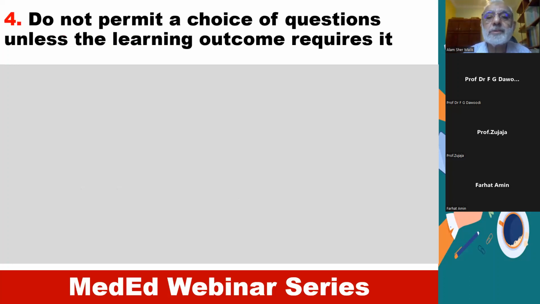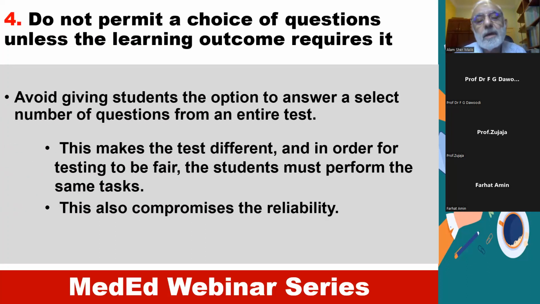Do not permit a choice of questions unless the learning outcome requires it. This is another important aspect, and we have practiced it for so long that our exam paper might have 6 questions and students are required to answer 4 out of those questions. It is recommended to avoid giving students the option to answer a select number of questions from an entire list.